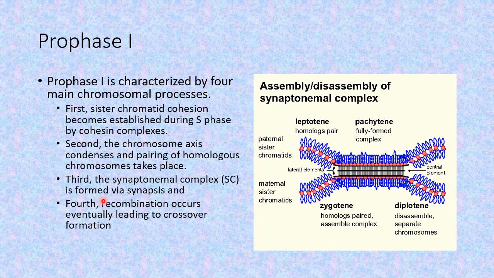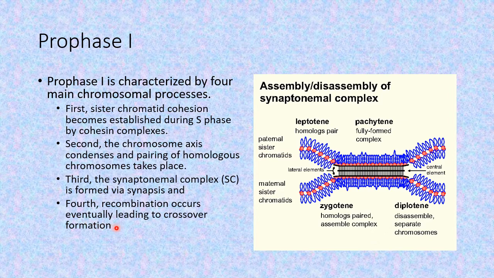The third thing is that the pairing of these homologous chromosomes is facilitated by a proteinaceous complex, that is the synaptonemal complex.